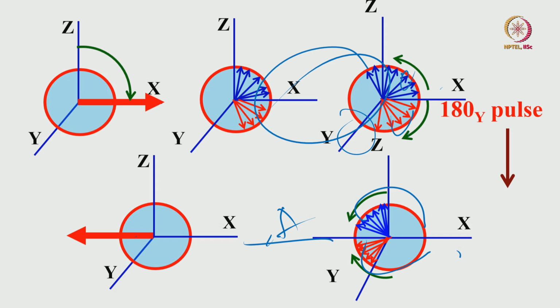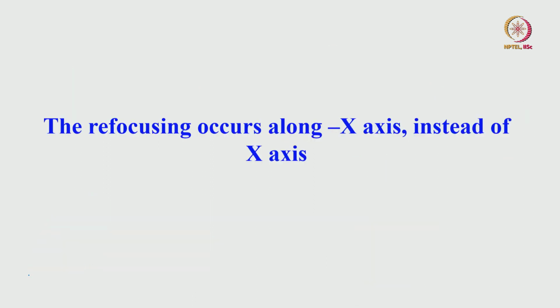In the previous example, all the spin vectors were refocused along the plus x axis, but now they are refocused along the minus x axis. That is all the difference. The refocusing still occurs whether you apply a pulse along the x axis or y axis, there is chemical shift refocusing. In one example, when you applied a 180 pulse along the plus x axis, there was a refocusing along the plus x axis.